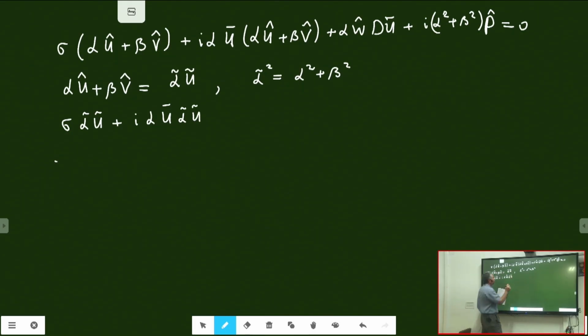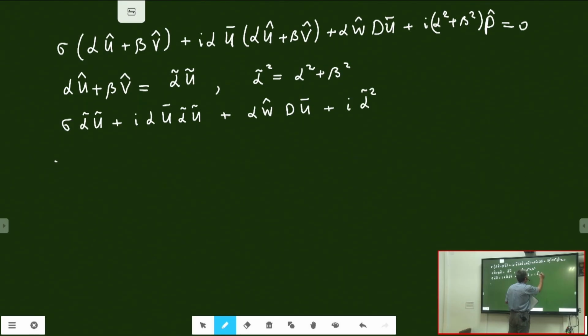Right? So far so good. Plus alpha w hat multiplied by du bar. Plus I alpha tilde squared p hat. Agree?